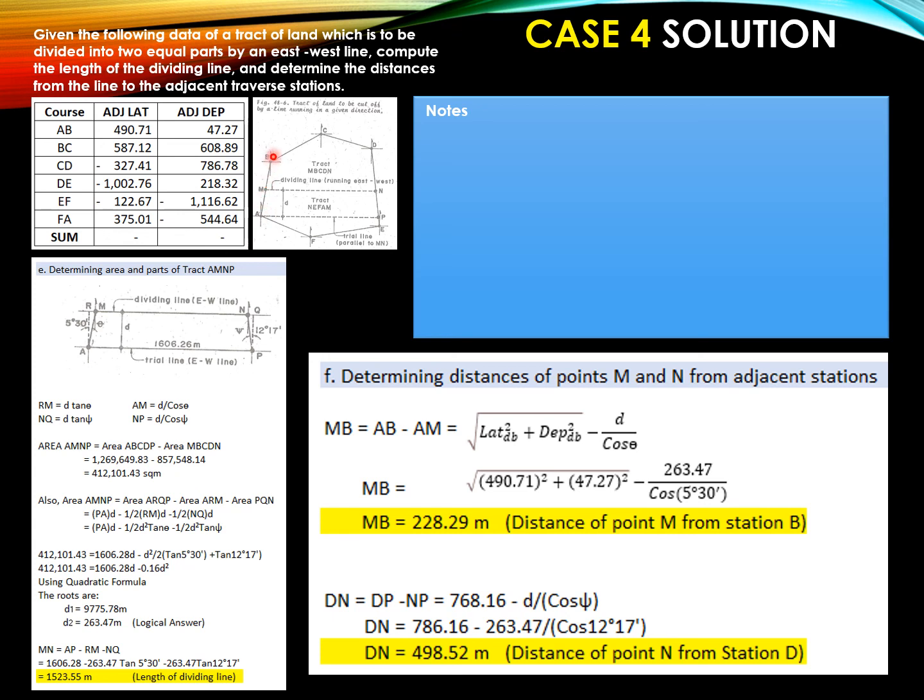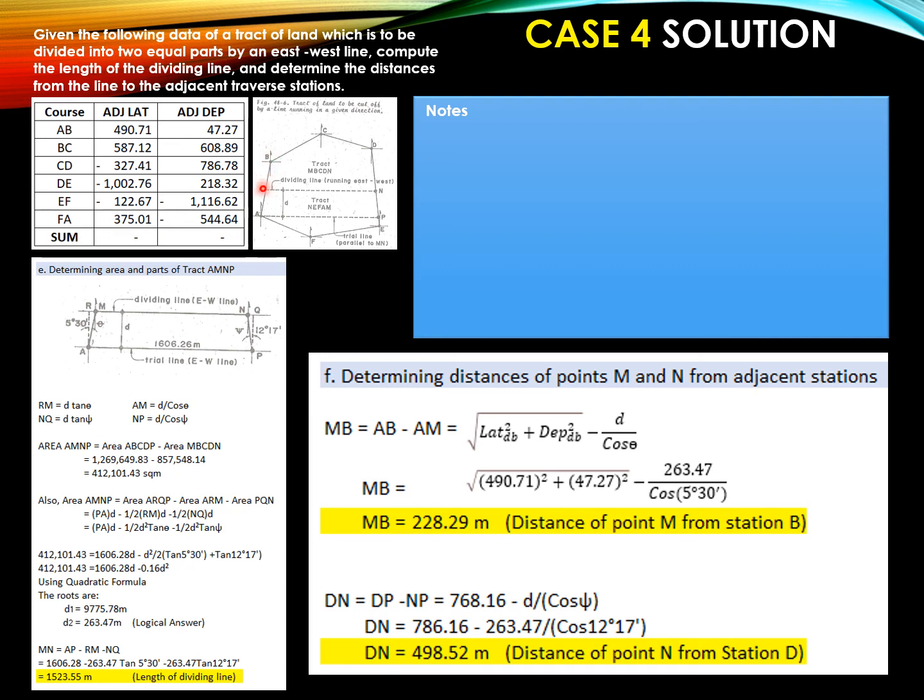Gumamit ulit ng formula ng latitude para makuha si AB, at saka si AM, nag-cosine lang. That's why we got this value, 228.29 meters. So, that's the distance of point M from station B.